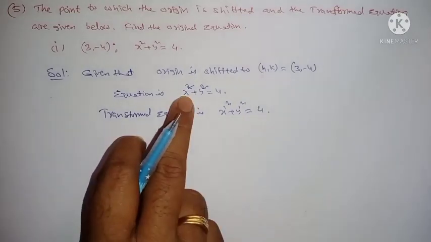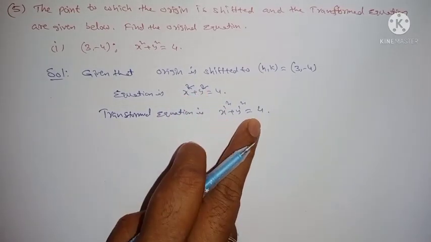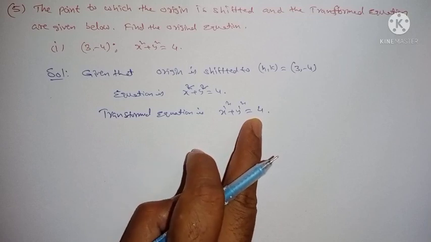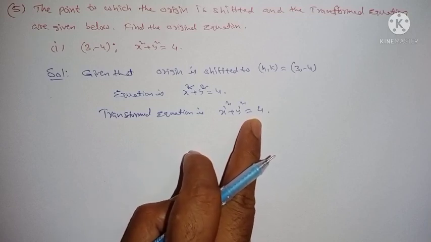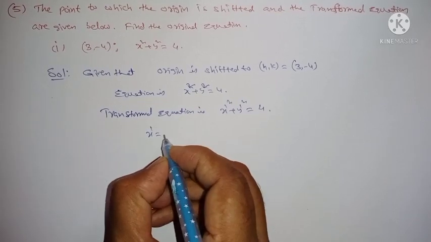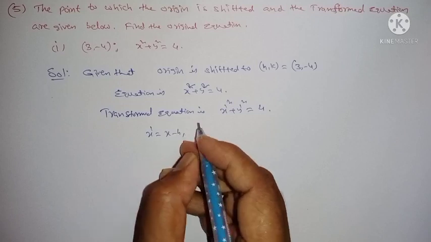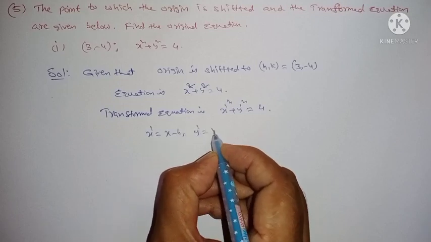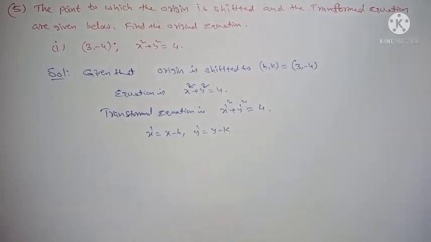Because here we are changing x and y to x' and y'. Therefore, x' = x − h and y' = y − k.